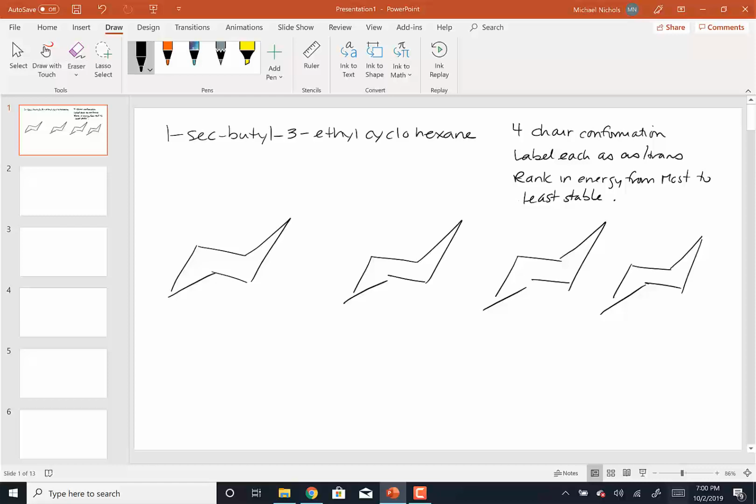So you have to remember, what is a sec-butyl group? I'm going to use the upper right-hand carbon as my number 1 carbon. And I'm going to attach the sec-butyl group in 2 of the conformations axial and in 2 of them equatorial. Now here's where you have to be careful. You have to make sure that when you write your sec-butyl group, you actually attach the CH group to the ring.